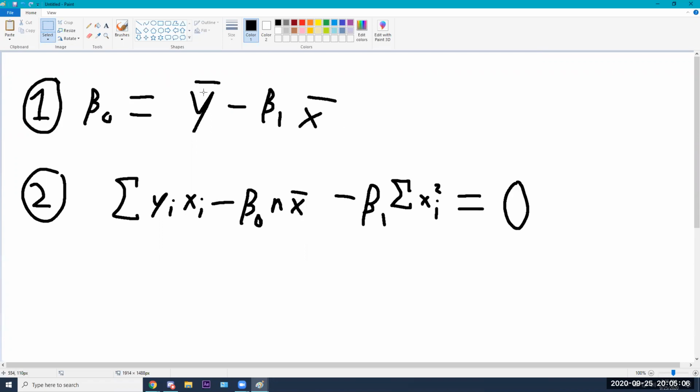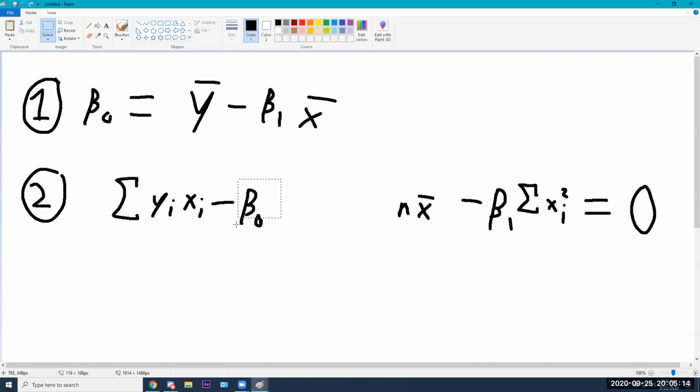Now we're going to substitute our beta naught in here with the beta naught we calculated here. So now let's move this out, copy this. Actually, I'll just rewrite it. We have y bar minus beta 1 x bar times n times x bar, right?